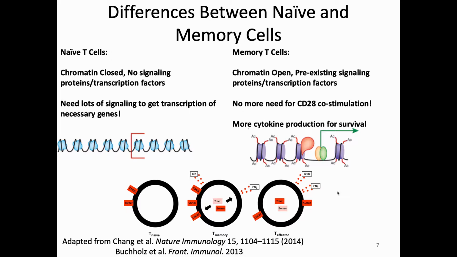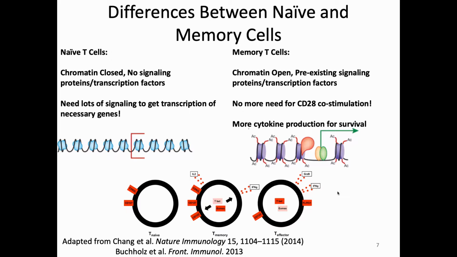You can see this might be what the wrapping looks like in the naive cells, and you can see that there are bigger spaces between the histones in the memory cells. So here the chromatin is rather closed in our naive cell. We don't really have signaling proteins or transcription factors nearby, and so it takes a lot of work if we want to turn on that cell and turn on transcription. We've got to get these proteins nearby, we've got to open the chromatin. It's a lot of hassle.